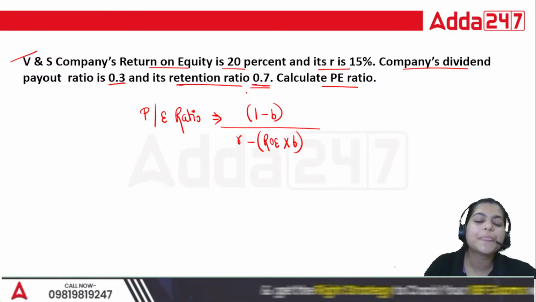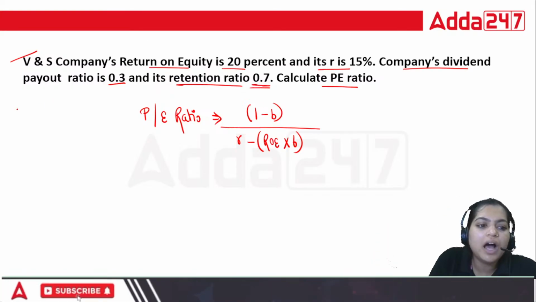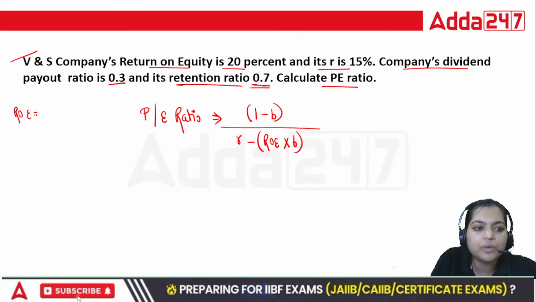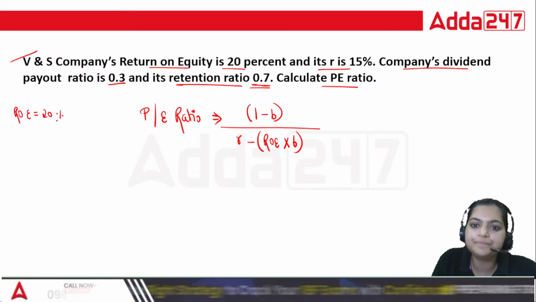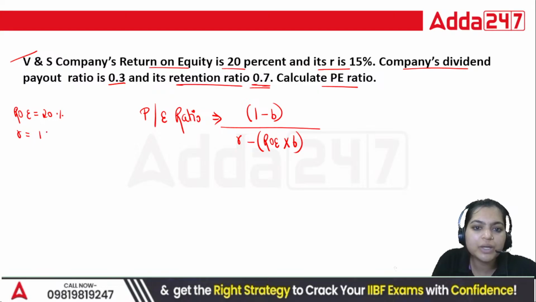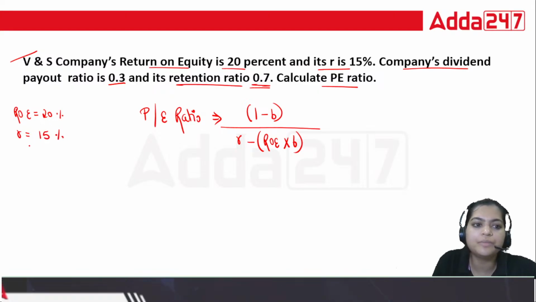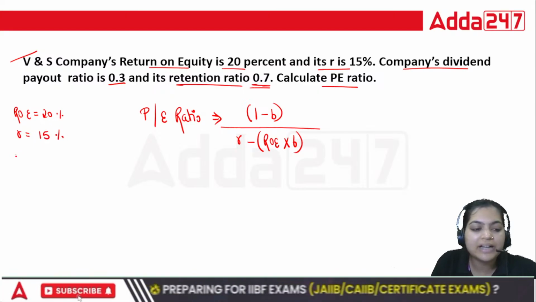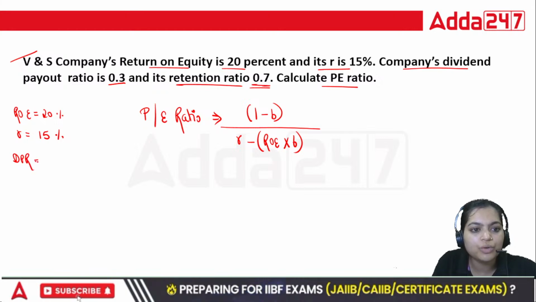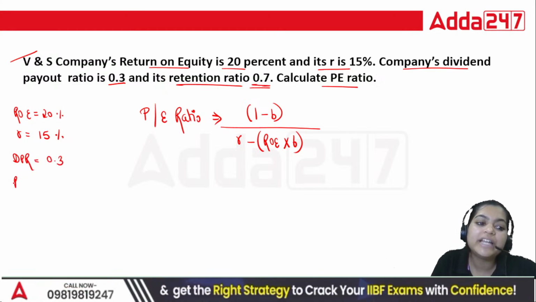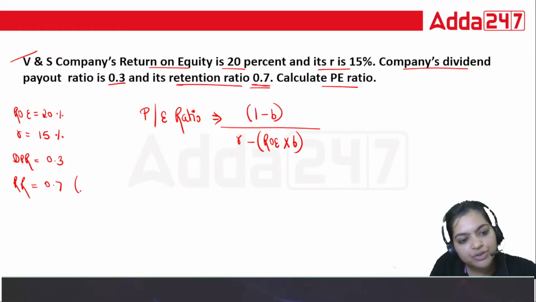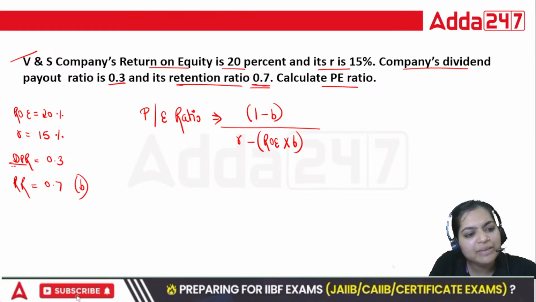So here, as per the given data, ROE is equal to 20%, R is equal to 15%, the dividend payout ratio is 0.3, and the retention ratio is 0.7. This retention ratio is your B. Then what is DPR?